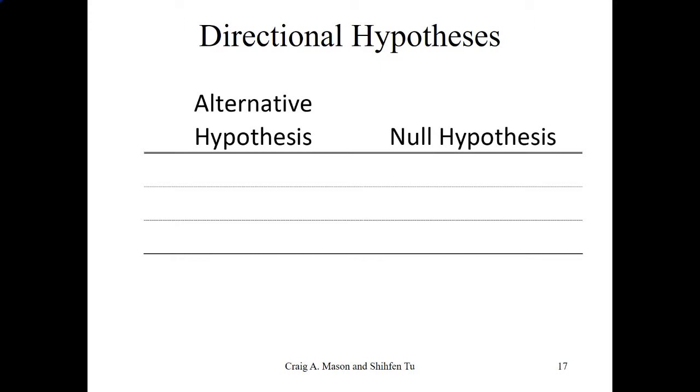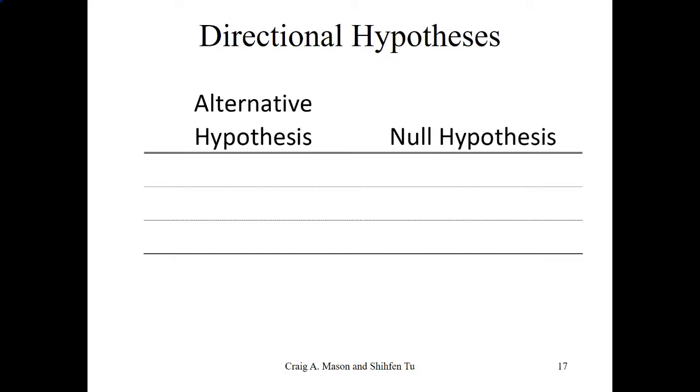Notice that it's directional because I'm only looking at the score being higher than 500. I'm not even considering whether it's lower than 500. I'll then use a sample of students who receive the intervention to test my hypothesis.